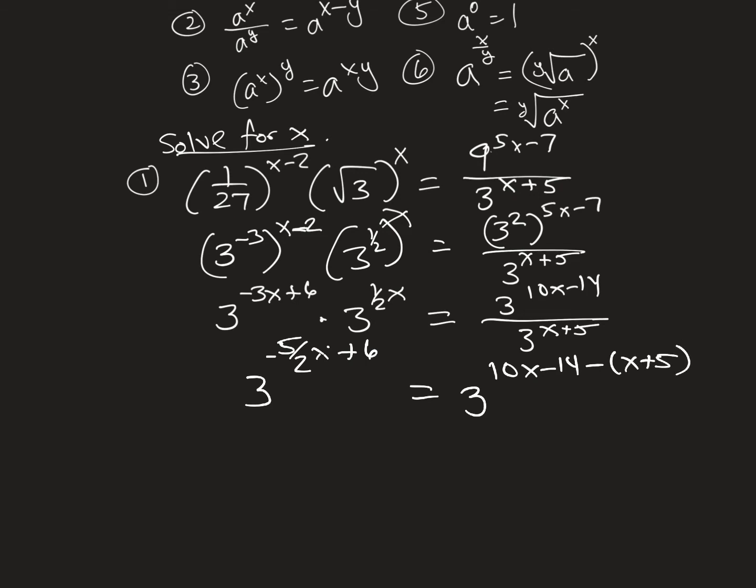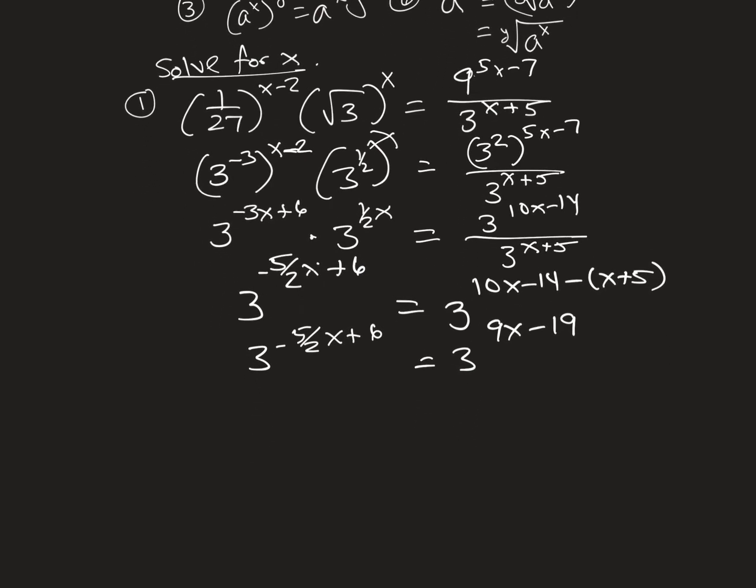Instead of doing that in my head, I wanted to show you it out in case there were problems with distributing the negative. So I've got 3 to the negative 5/2 x plus 6 equals 3 to the power of 10x minus x, so it's going to be 9x, and then minus 14 minus 5, so minus 19.